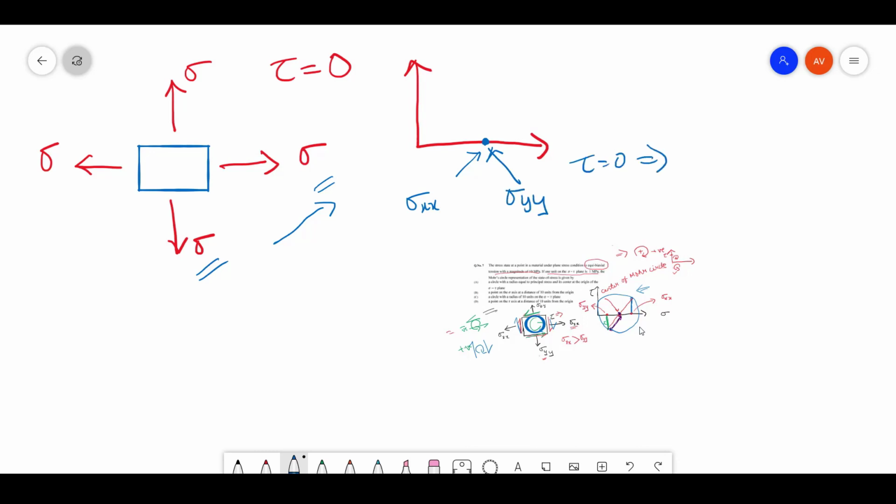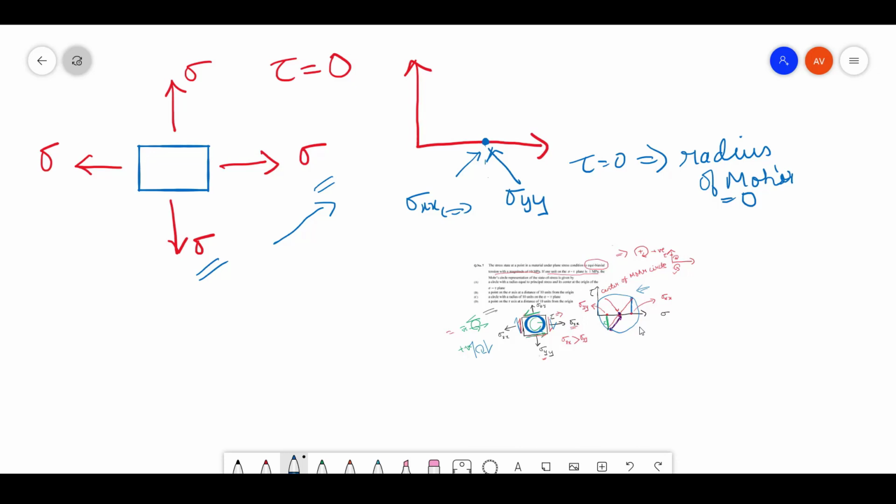This means what? In this particular case the radius of the Mohr circle, because they are equal, is going to be 0.